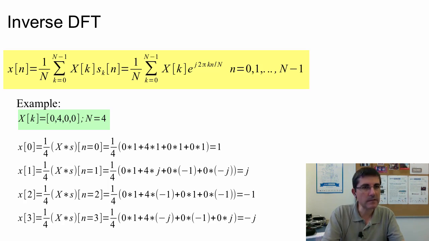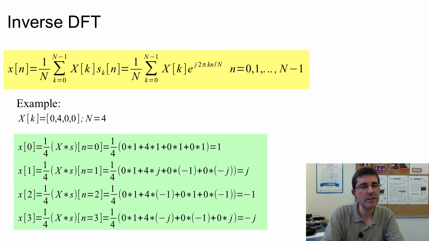Okay, so this is the spectrum of a sequence, and now if we apply this inverse DFT function, therefore we multiply each of these spectral samples by the samples of 4 complex sinusoids of different frequencies, we will see that the result is basically the signal we started with. So this is a complex signal, the result, that has 4, 4j, minus 4 and minus 4j. So this is the inverse Fourier transform of this spectrum.